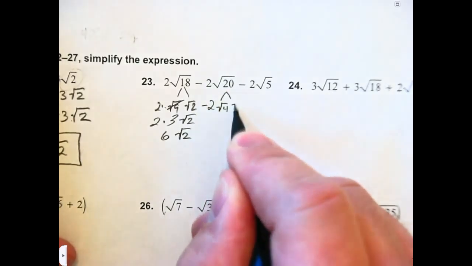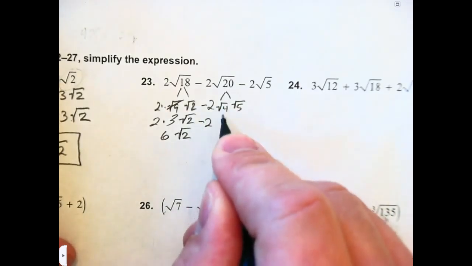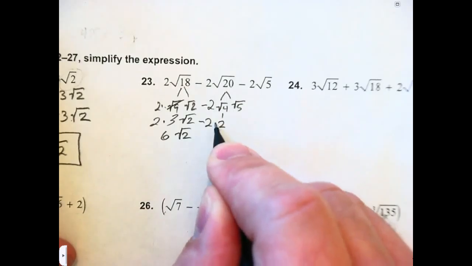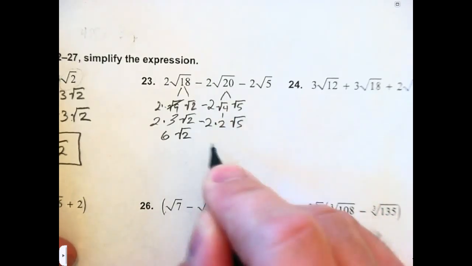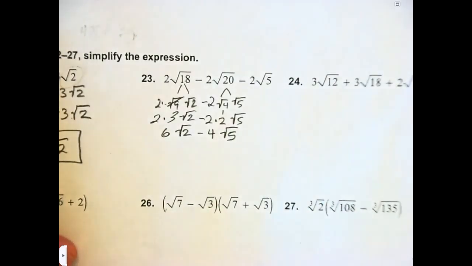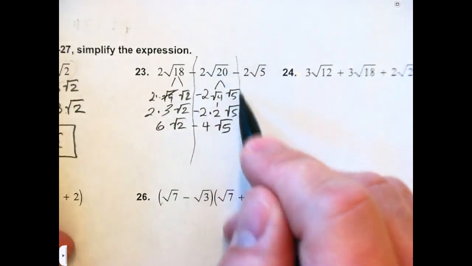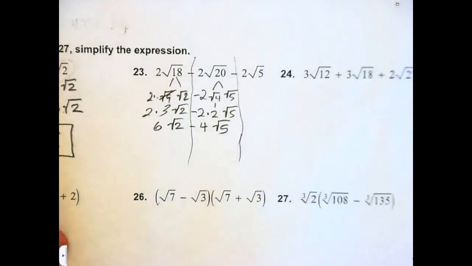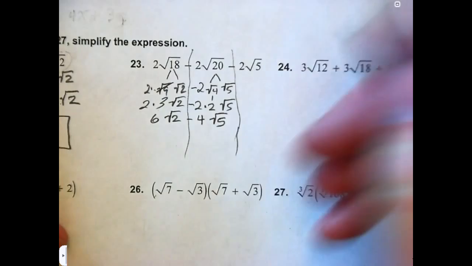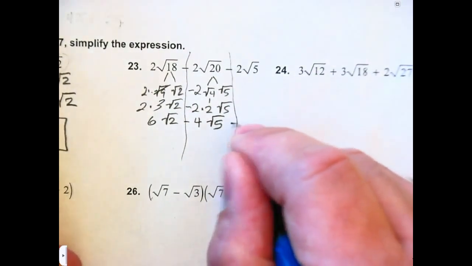Root 4 root 5, so we get minus 2 root, this becomes 2, and this is root 5 still. So we get 4 root 5. Okay, so if you think of them as separate parts, these are kind of all separate problems. At the end, we're going to put it back together. Okay, and 2 root 5. Can we simplify that? No, so we bring it down, 2 root 5.